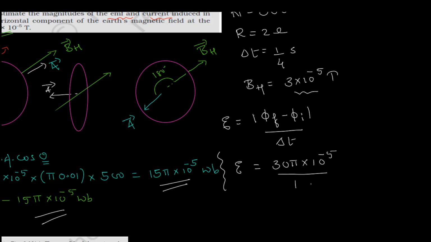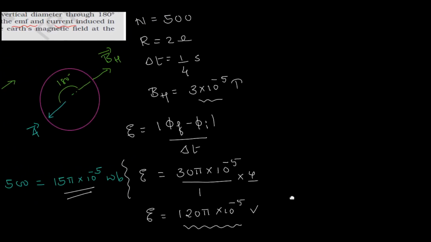So 1 by 4, so 4 goes to the numerator. So your EMF actually is 120 pi into 10 to the minus 5 volt. I know it's not scientific notation, this is not a proper notation, but yeah, the answer will be that. You can simplify it further if you want to get the exact value.